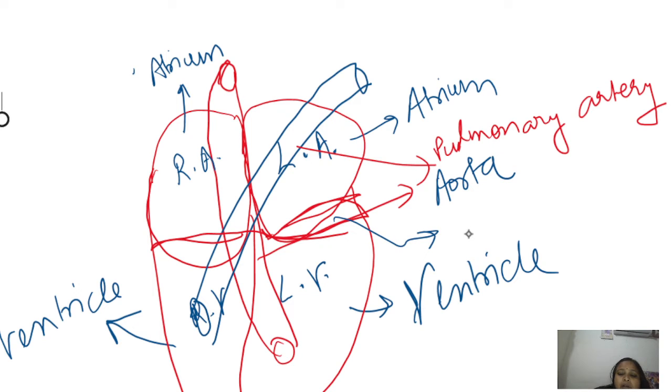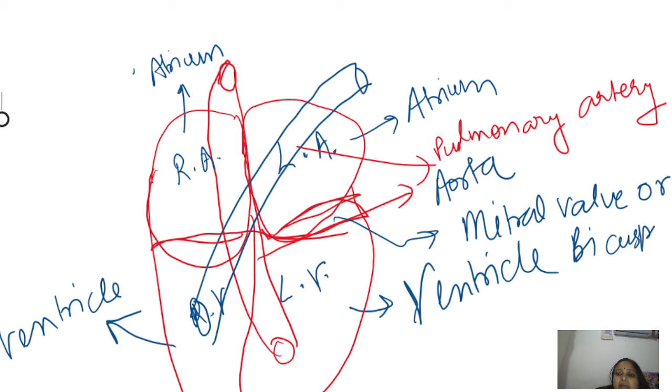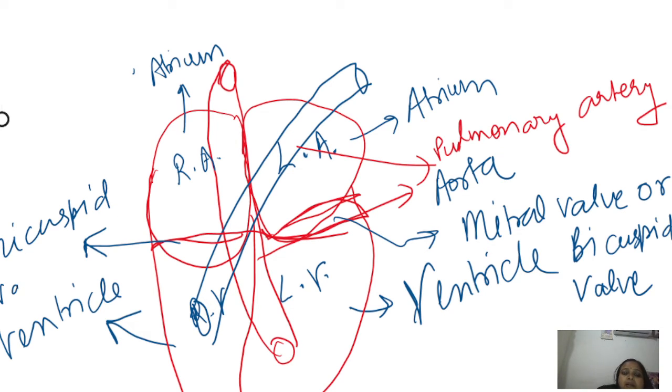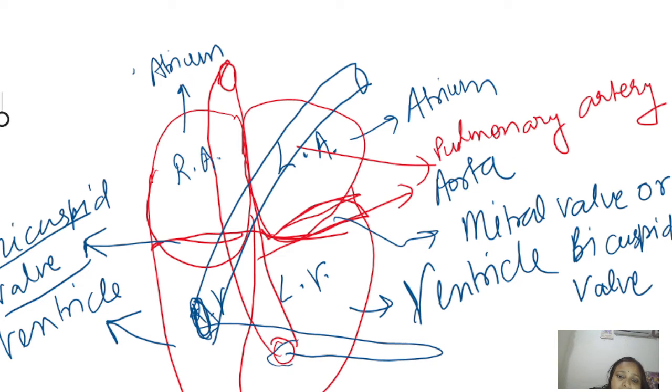This valve is called the mitral valve or bicuspid valve, and this one is called the tricuspid valve.